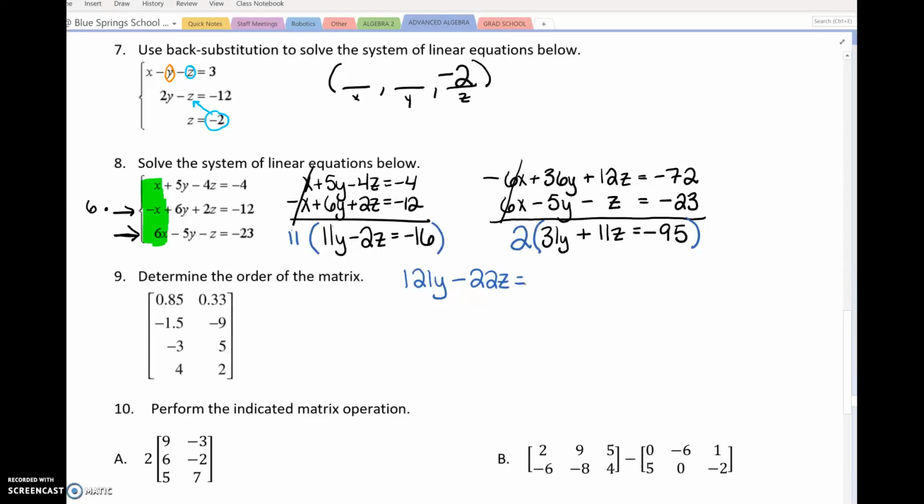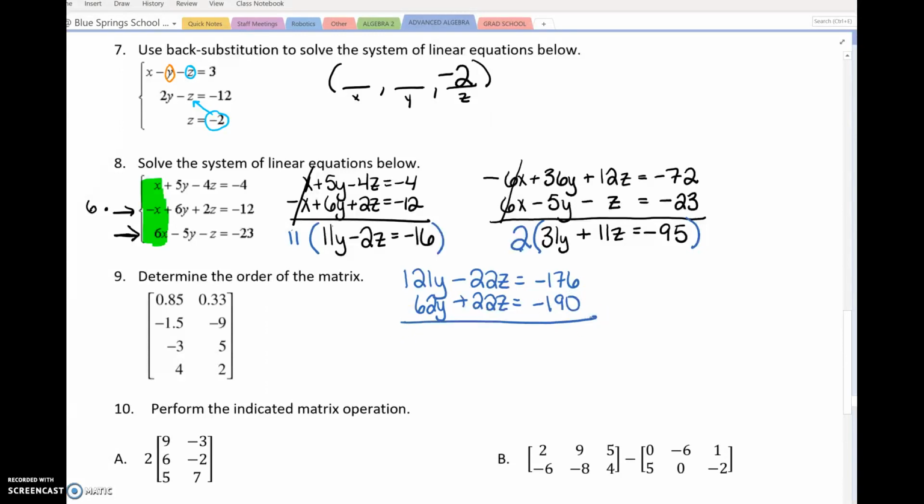And 11 times -16, I cannot do in my head, so I punch it into my calculator. -176. Now I'm going to multiply 2 times that second equation. 2 times 31y is 62y. +22z. And -95 times 2 is -190.